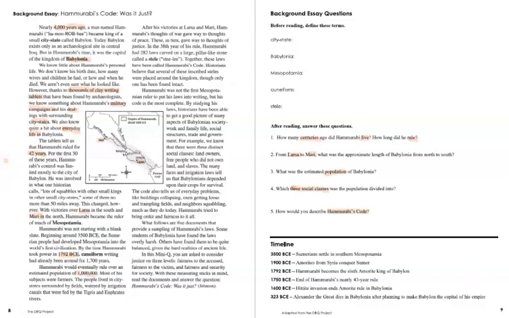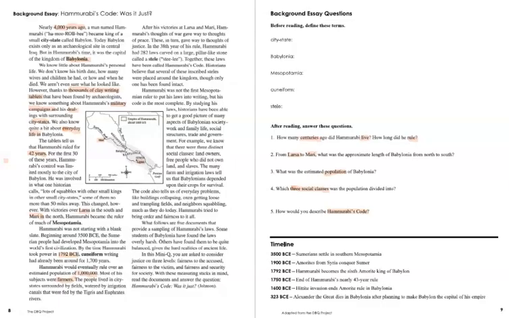Most of his subjects were farmers, as many people during this time period were. The people lived in city-states surrounded by fields, watered by irrigation canals that fed into the Tigris and Euphrates rivers. And so being that a lot of the population are farmers, and they required irrigation to get the water to grow their crops, we can also begin to presume that some laws would have to be about that because it is an important part of their daily life.